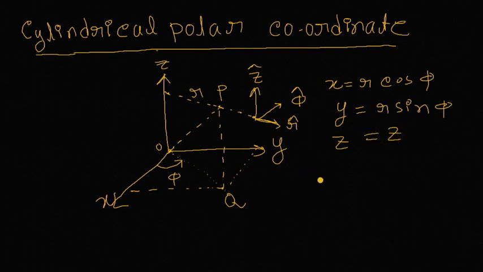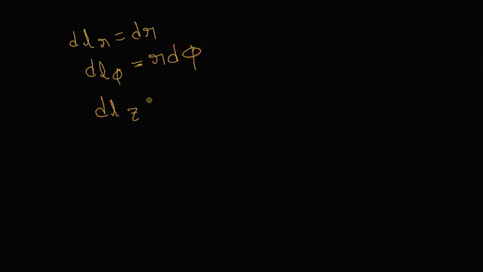If we talk about infinitesimal displacement, that will be dl of r is dr, dl of phi is r d phi, dl of z is dz.